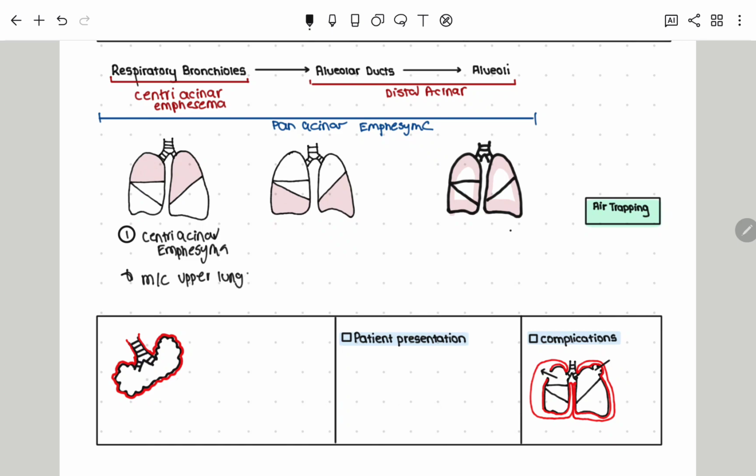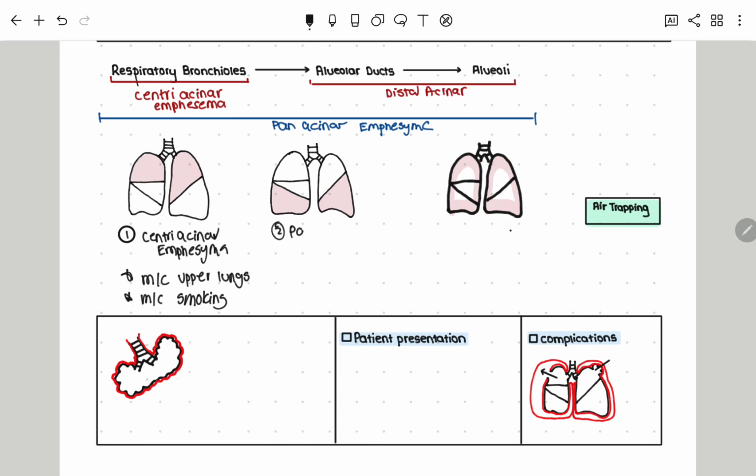And these respiratory bronchioles are the ones that are more commonly found in the upper lungs. This is most commonly caused by smoking. It's quite easy to imagine that smoking results in damage at the upper lungs because smoke rises, right? Simple stuff.